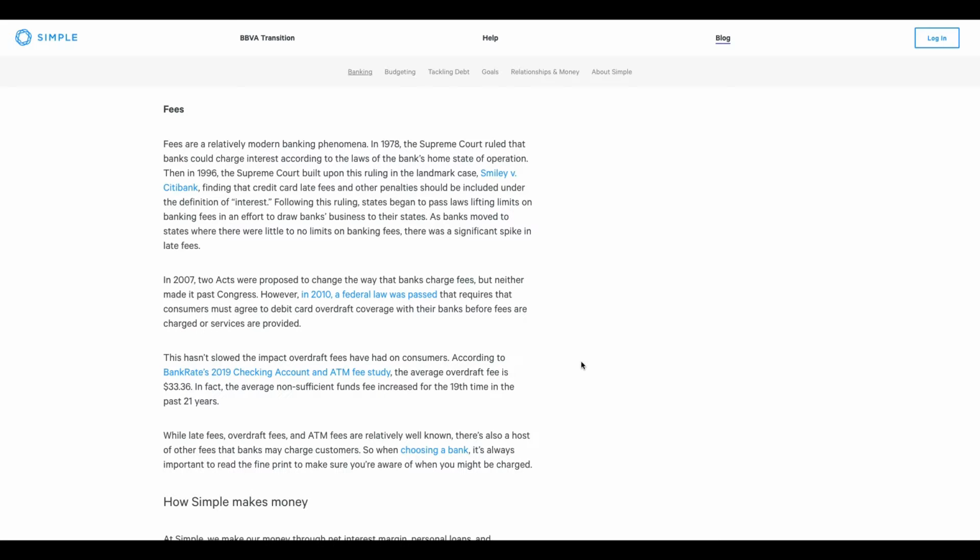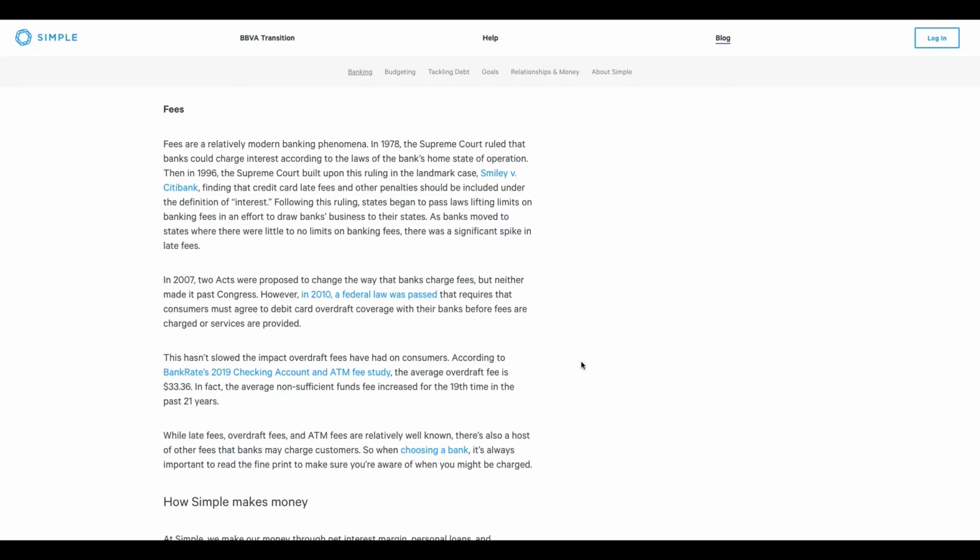And honestly, with 0.01%, you'd have to have millions of dollars to even benefit from that. I'd say like 90% of the population is not going to be able to utilize something like that.